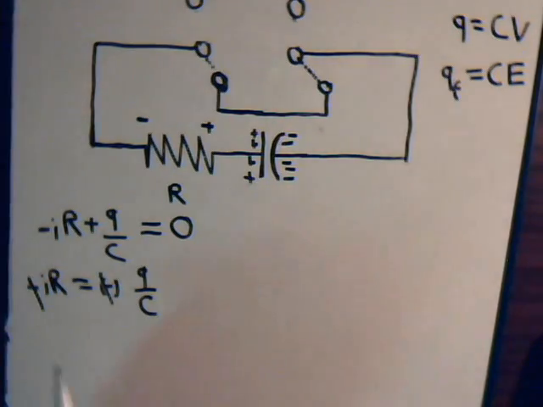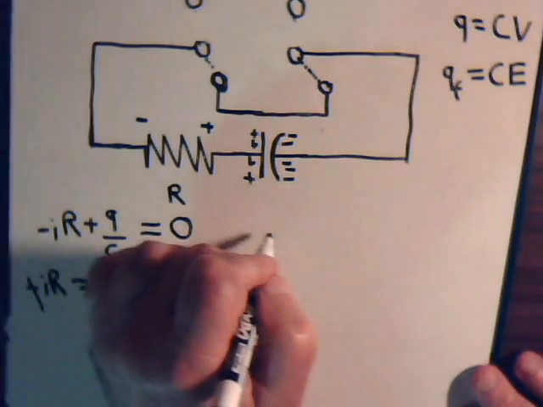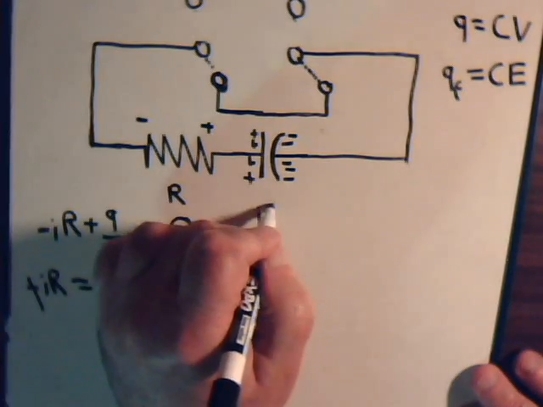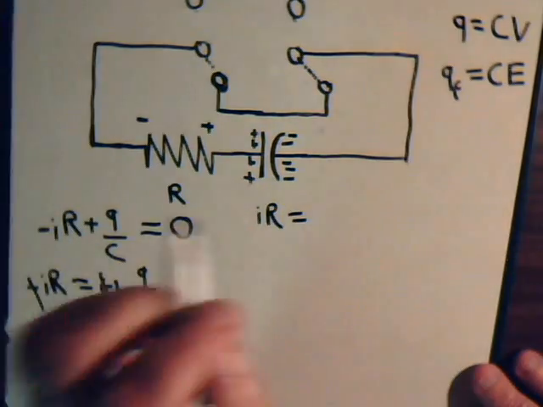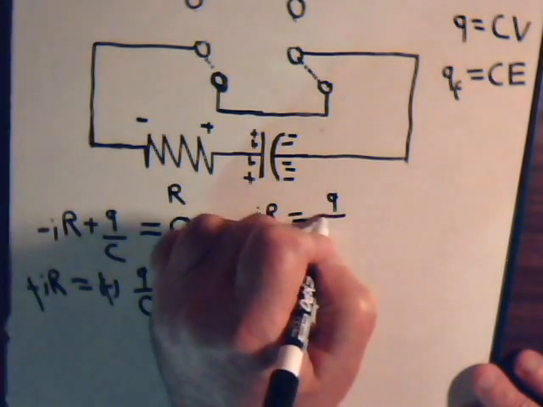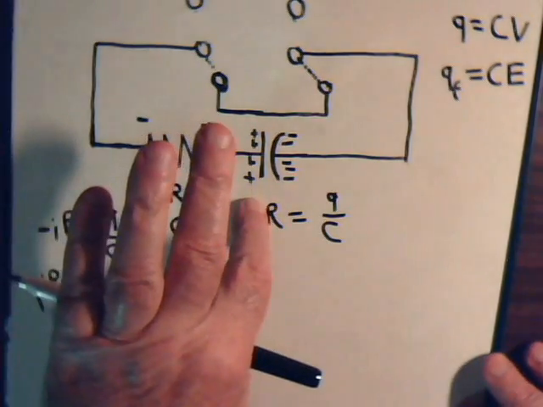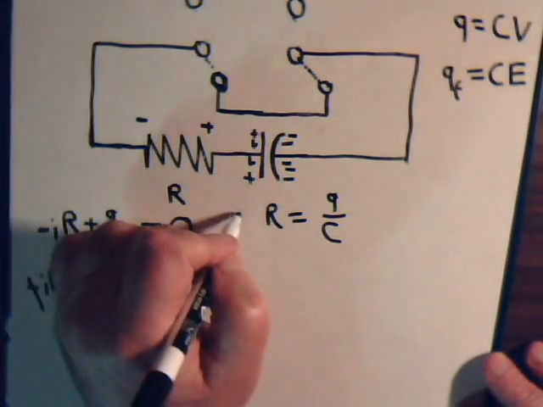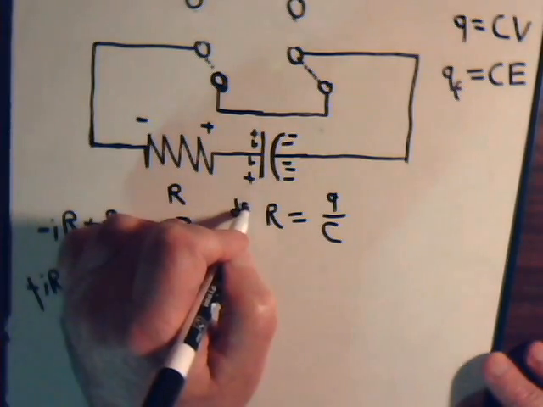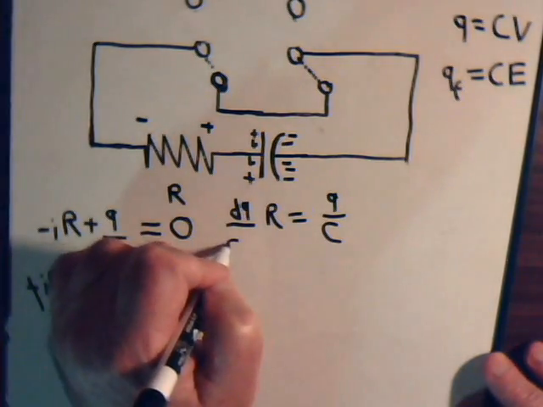And then, but what is I? So we have IR equals Q divided by C. Remember, I is the instantaneous rate of charge with respect to time. So again, using simple calculus, I is dQ/dt.